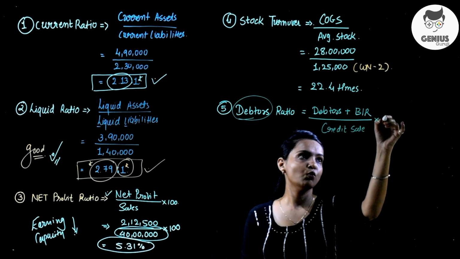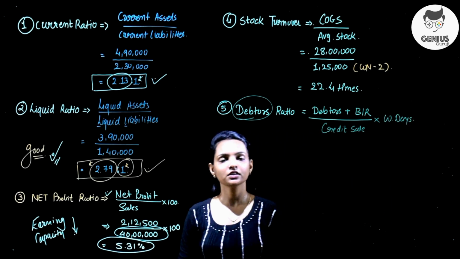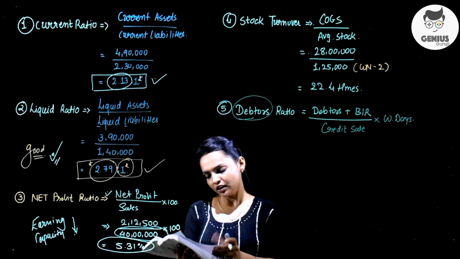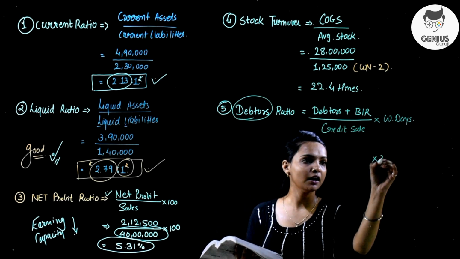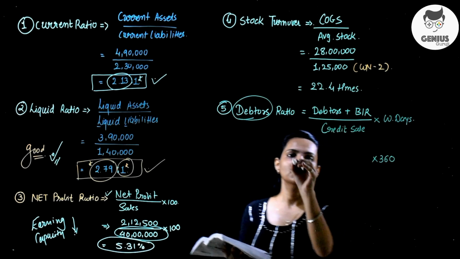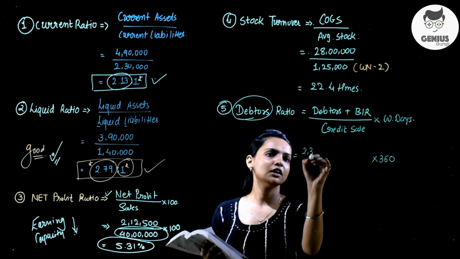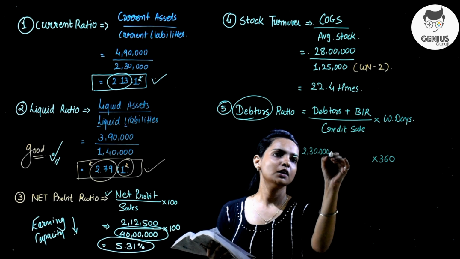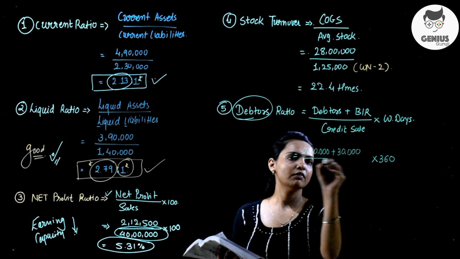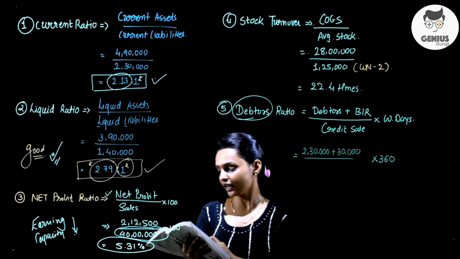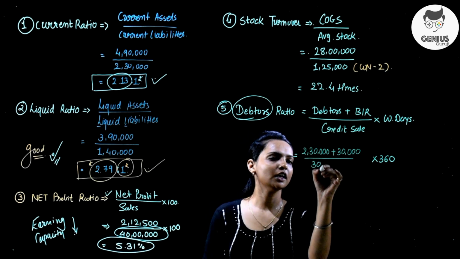into working days. See in your information they have mentioned over there they are using 360 days. So I will multiply by 360. My debtor is of rupees 2,30,000 plus my BR 30,000 divided by my total credit sale. Credit sale is of rupees 30 lakh.